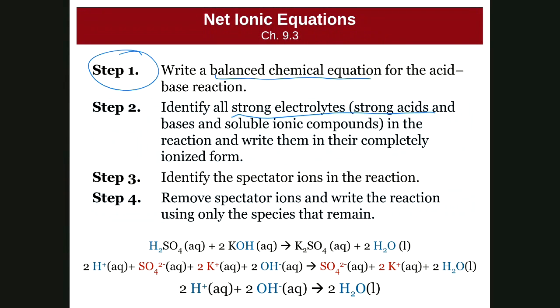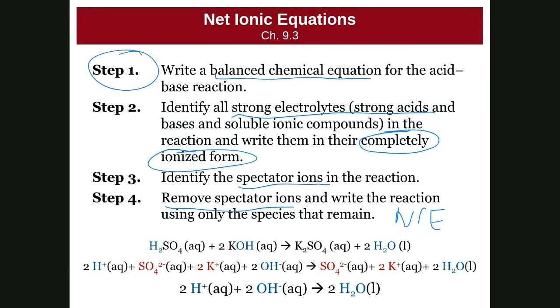And then we want to write them in their completely ionized form, so that long version of the equation with everything as ions that can be dissolved as ions. And then we want to identify our spectator ions. And then we remove our spectator ions, and everything else that's left is part of our net ionic equation.